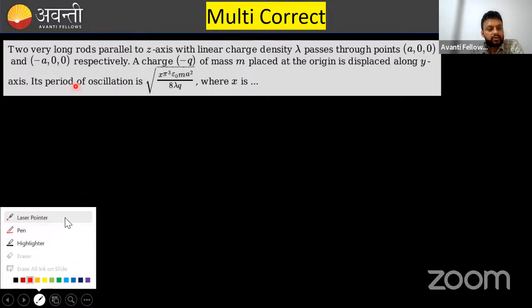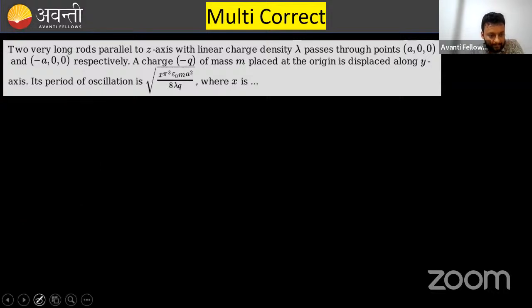Okay, so the question says two very long rods parallel to z-axis with linear charge density lambda pass through 2 points which are given, right? (A, 0, 0) and (-A, 0, 0). So let's try to draw the diagram.